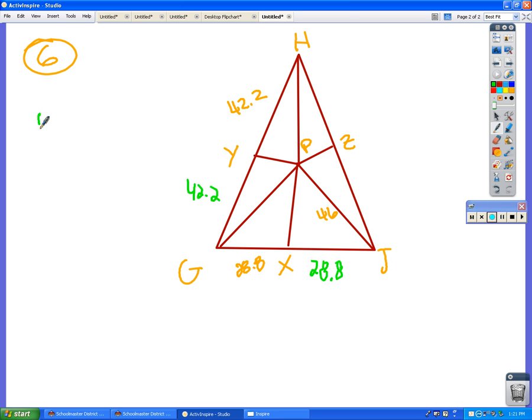Okay, so now we're trying to find the length of PH. Any bright ideas? None? Well, these are all right angles.